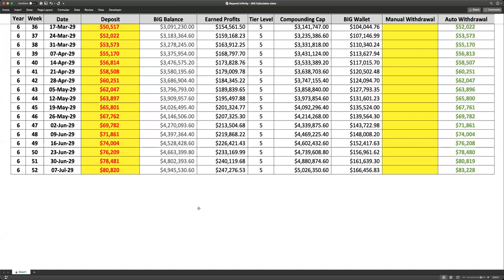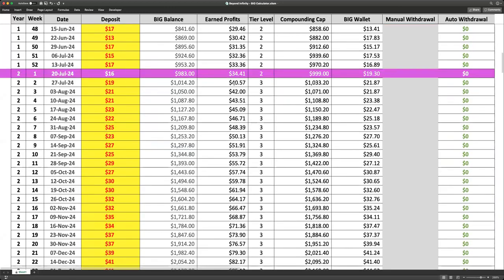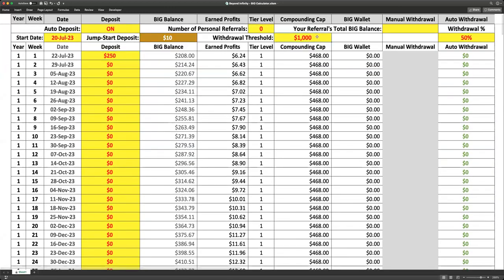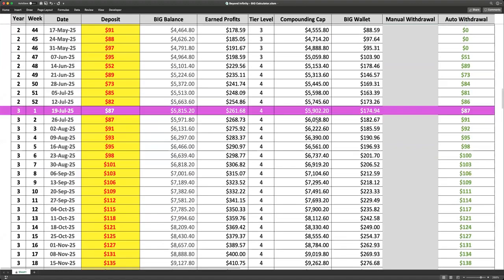The math doesn't lie. The numbers are real. So if you'll go back up, that may be a shock to some people. Let's go back up and change the threshold back to $100. And we still only have the one $250 contribution.